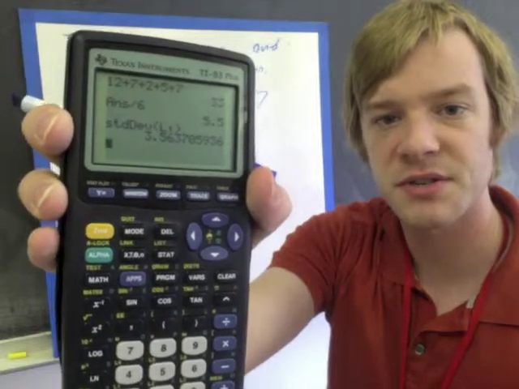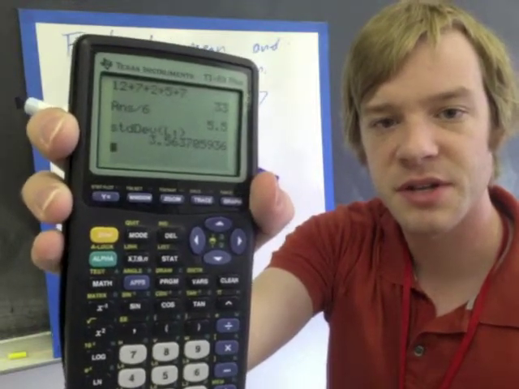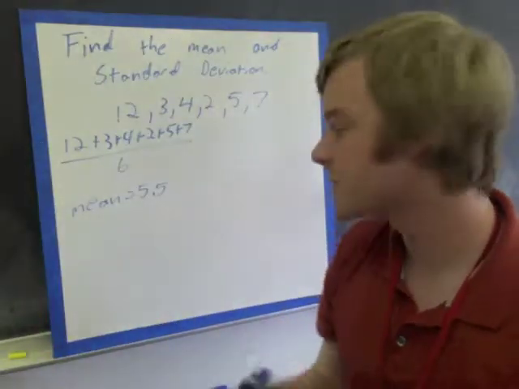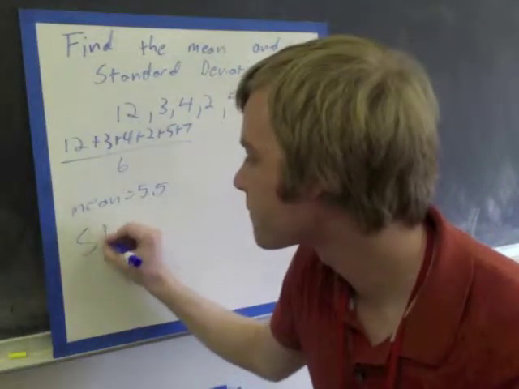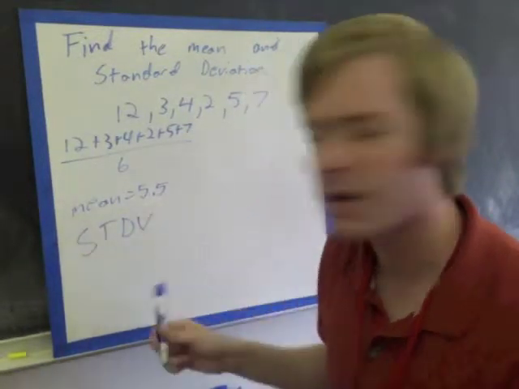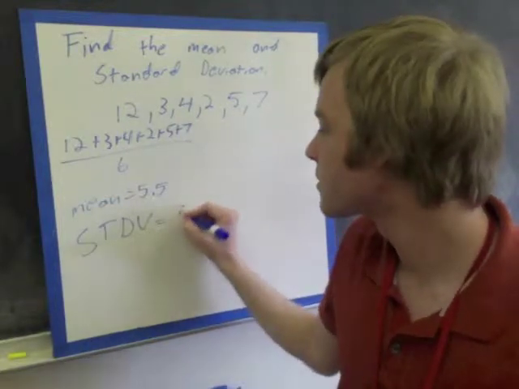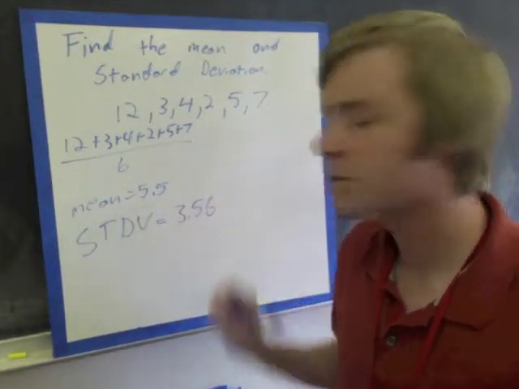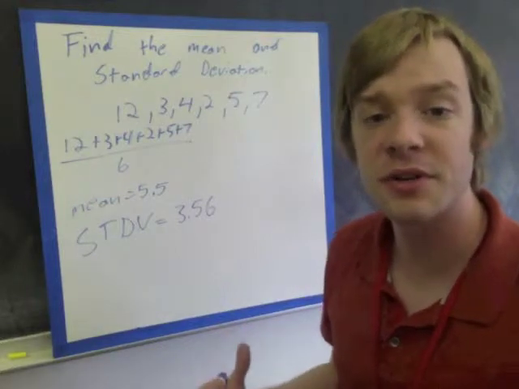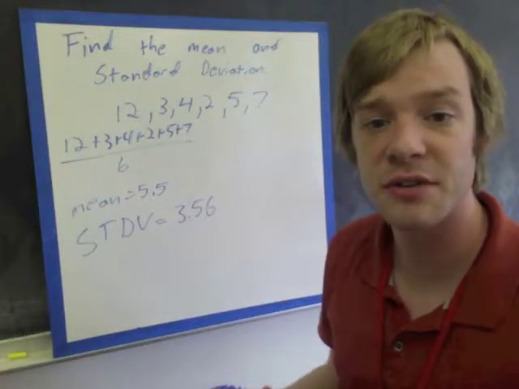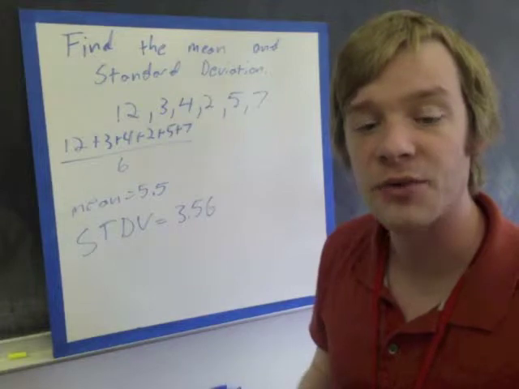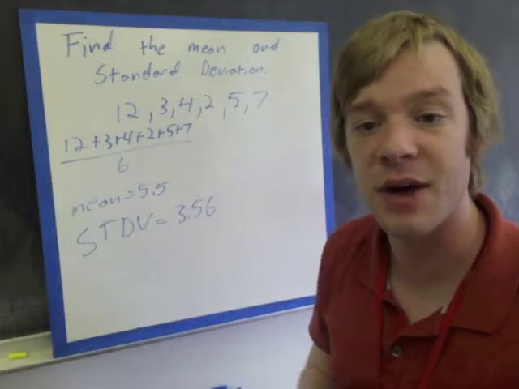So our standard deviation for this set of numbers is 3.56. I'm going to abbreviate here just as STDV. So this is how we calculate standard deviation using our calculators, and in the next video I will talk about what this actually means and how we actually use this.